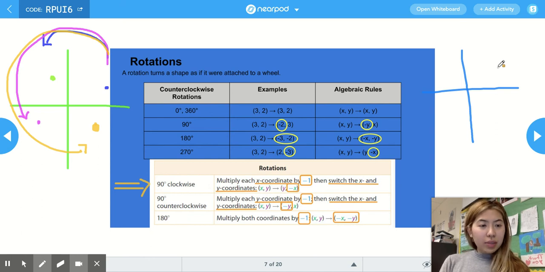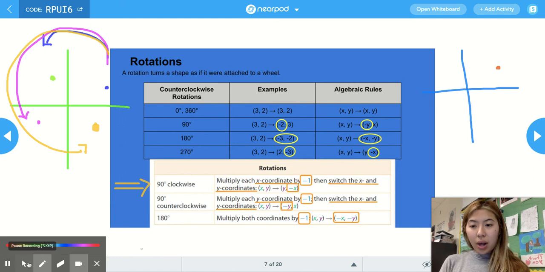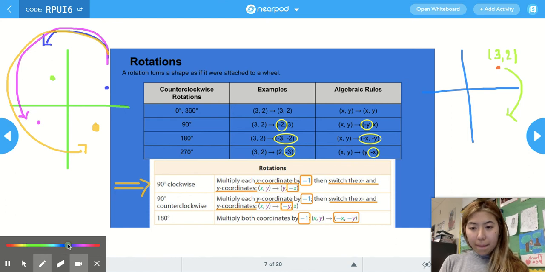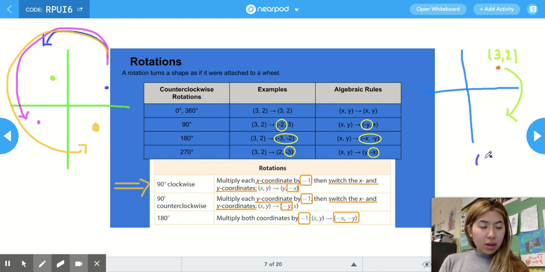We have (3, 2), and if it were to rotate 90 degrees clockwise, so if we have (3, 2), we're going to flip our x and our y, so it's going to be (2, -3), right? Because our x-coordinate, it's still going to be positive, but it's our y-coordinate that's negative now.